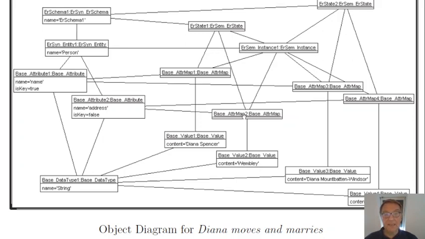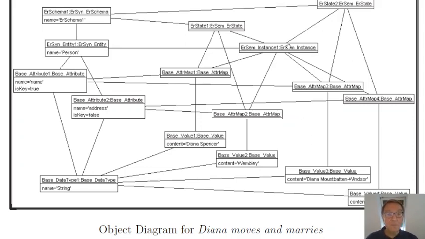In the next state, the instance is still present, but she is called differently. She's called now Diana Mountbatten Windsor, which was the civil name of Diana. And now she's living in Windsor.